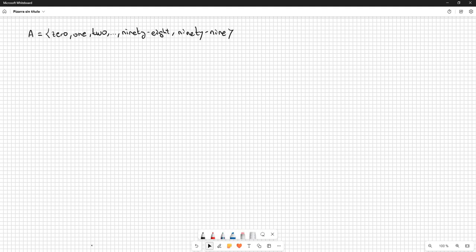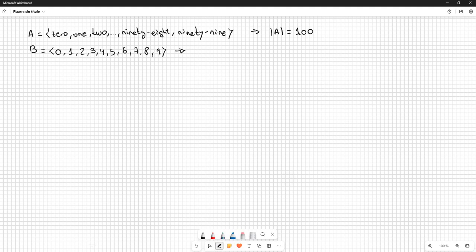So this is the alphabet A, and it has 100 elements from 0 to 99. We can represent these elements using a set of symbols that we are going to name B. The set B is going to be these symbols: 0, 1, 2, 3, 4, 5, 6, 7, 8, and 9.